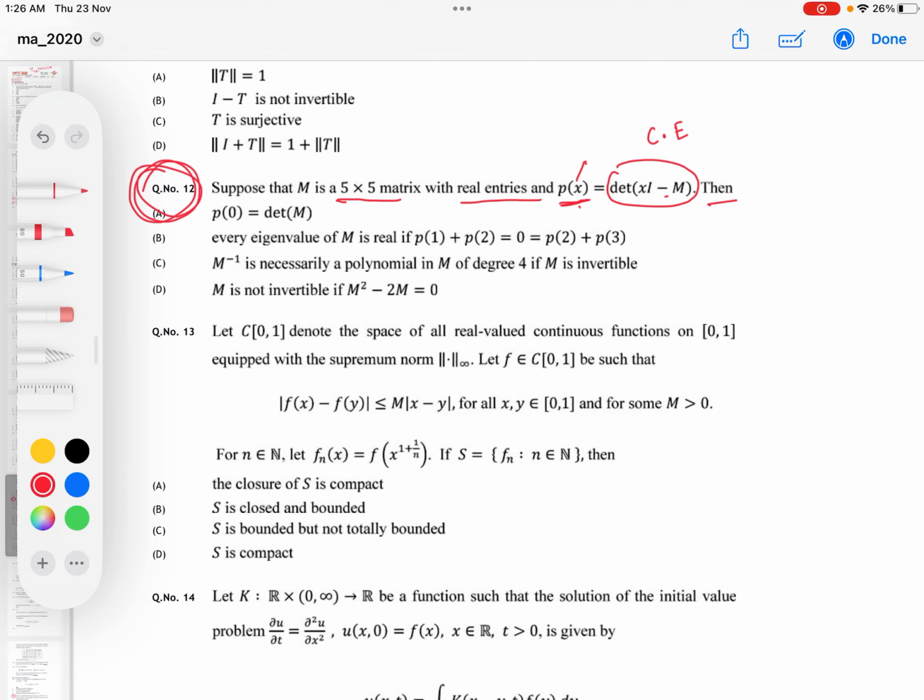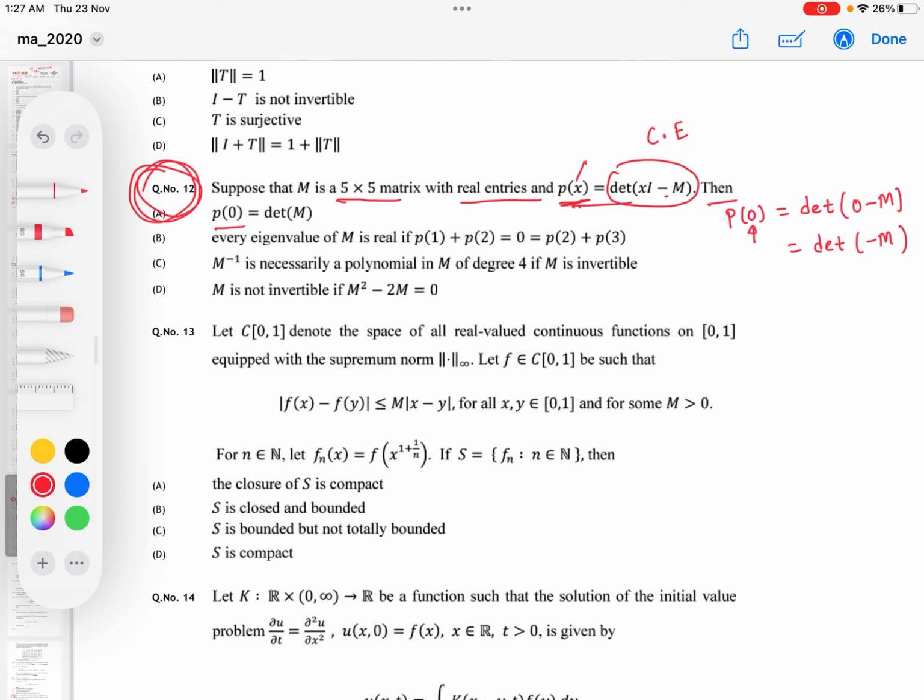The first option is that p(0) is the determinant of M. We can simply put it in the given equation. p(0), if we put x equal to 0, then it will be the determinant of 0 minus M, so the determinant of minus M, right?